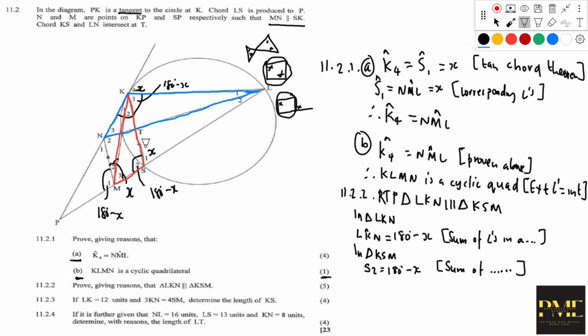Siyabona ukuthi there's no x value already, so it means S2 now uzoba 180 minus x, right? So therefore, angle LKN is equal to angle S2 guys. That's siyabona ukuthi sesiprovile le part le yokuqala ukuthi angle L, angle K no angle S bayalingana.